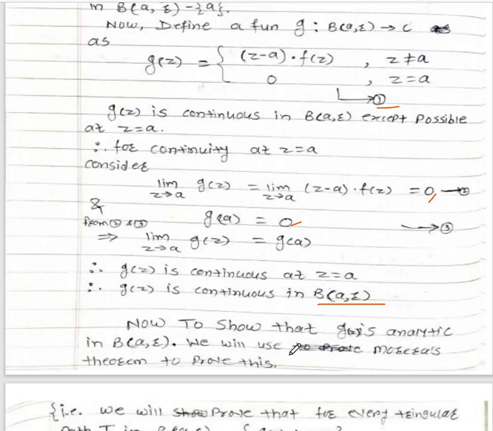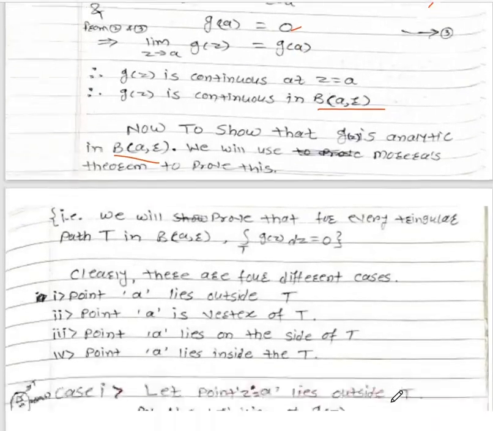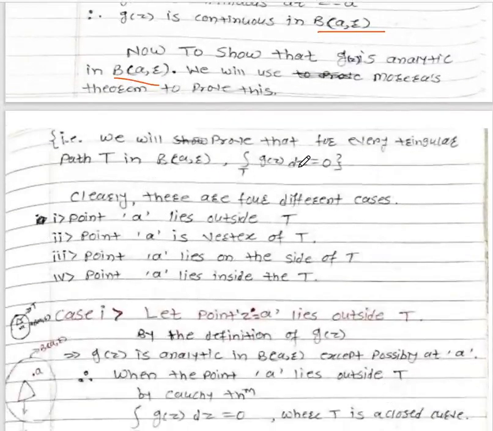Actually we have to show that g of z is analytic in the open disk with center a and radius r. For that we will use Morera's theorem. We will prove that for every triangular path T in the open circle with center a and radius r, the integral over T of g of z dz equals 0.